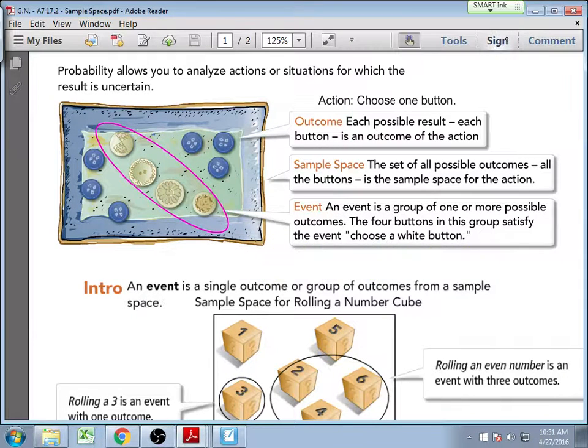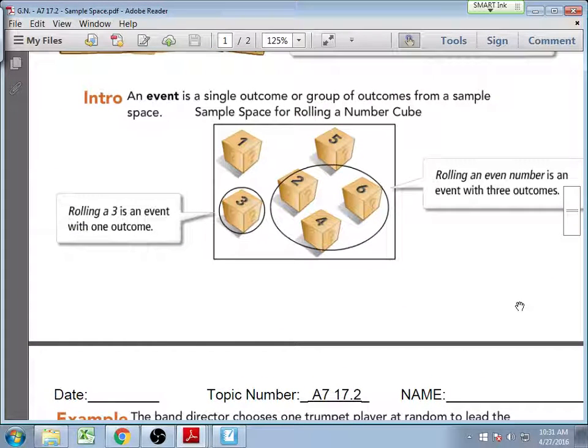If my event that I'm looking for when rolling a number cube, which is another way to talk about a die, is rolling a 3, what is my probability of rolling a 3? Grace? 1 over 6. Yeah, 1 over 6.